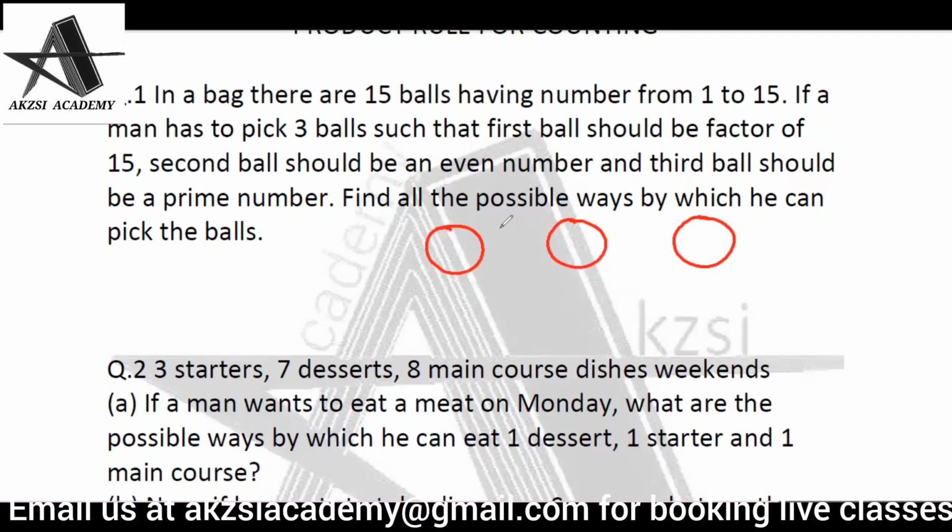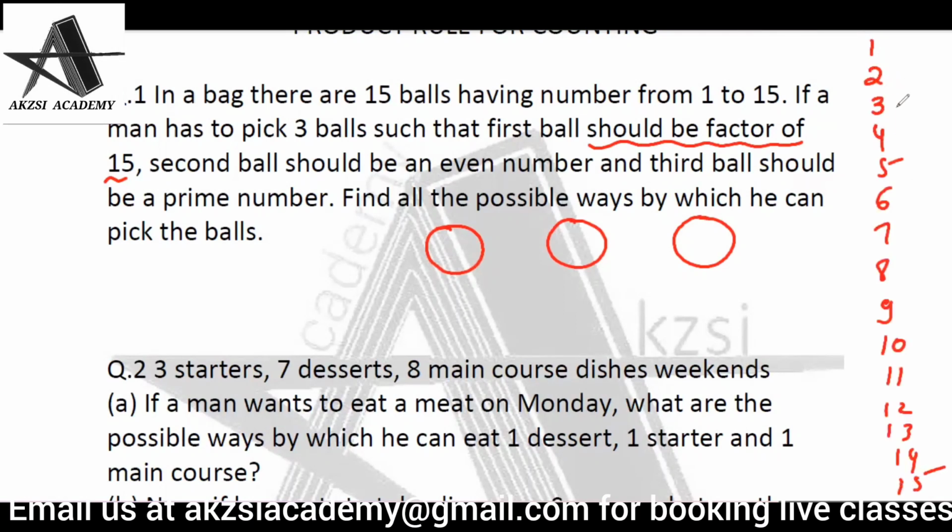We have to pick the first ball so that it should be a factor of 15. From 1 to 15, I have to find the factors of 15. What are the factors of 15? Factors of 15 are those numbers that can divide 15. So let me write down the numbers: 1, 2, 3, 4, up to 15. 1 can divide 15, yes. 3 can, 5 can.